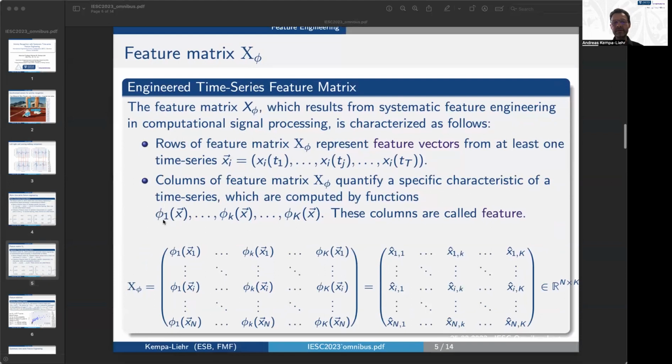So here we've got capital K many functions, one of which is compute the maximum of one input signal over the input time window, or another function could be count the number of peaks per window.